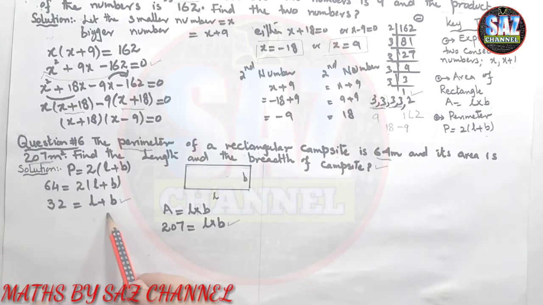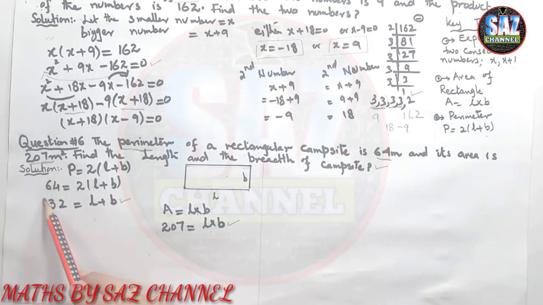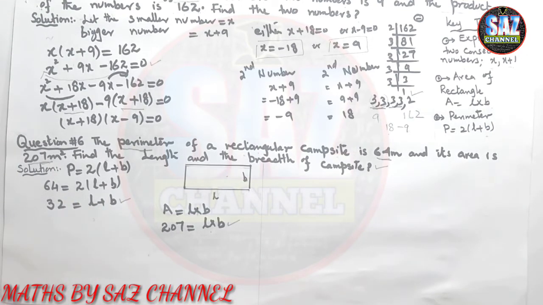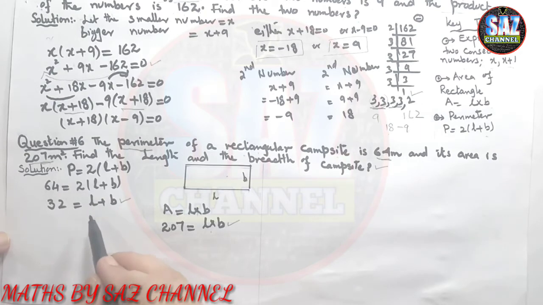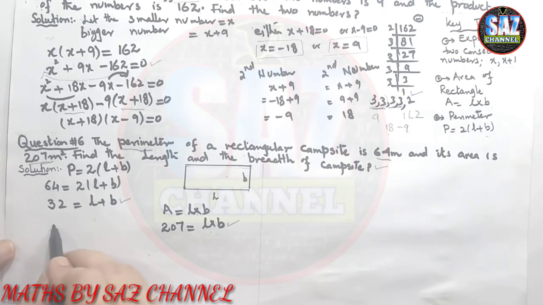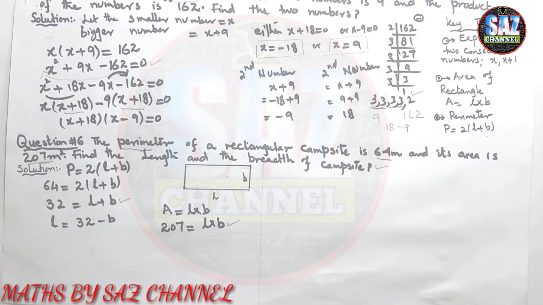So it's important to make the equation in one variable. From the perimeter equation, I can make either the length or the breadth the subject of the formula. If I make length the subject, keeping length here and shifting breadth to the other side, I will get the expression 32 minus B.